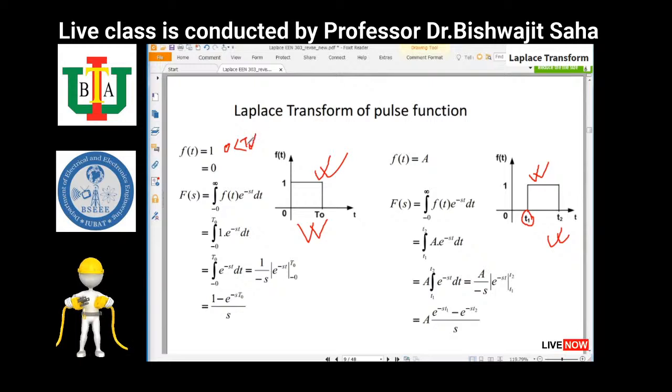Oh, sorry, let me change. For this case it is 1 between 0 and t, and otherwise 0. You can see the figure; if you see the figure, you can draw the function and limit.